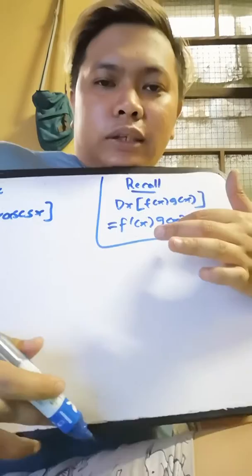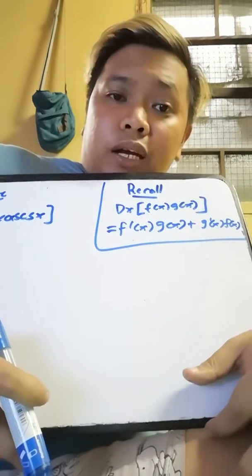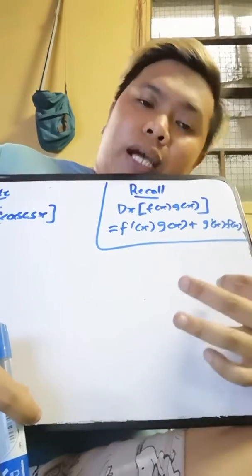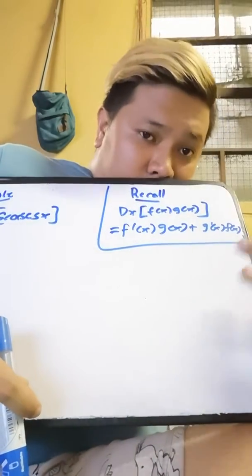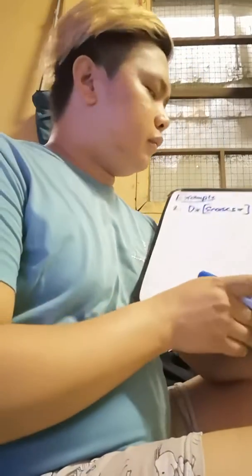You can solve it using this: that is equal to the derivative of f multiplied by g of x plus derivative of g times f of x. Ulit, the formula sa product rule ay derivative ng first function mo, yung f of x, multiply mo din sa second function, g of x, plus derivative ng g times f of x.